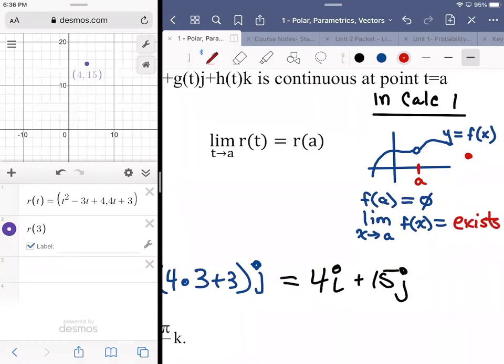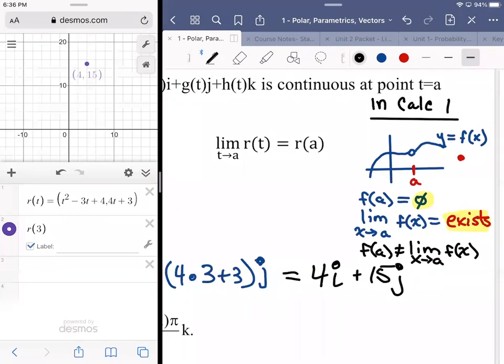But because these two values, this one and whatever this ends up being, are not the same, the function is not continuous. So f of a is not equal to the limit as x approaches a of f of x. I'm sorry, I wrote f of a, I meant f of x.